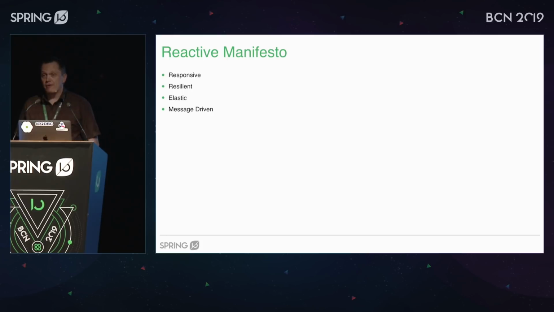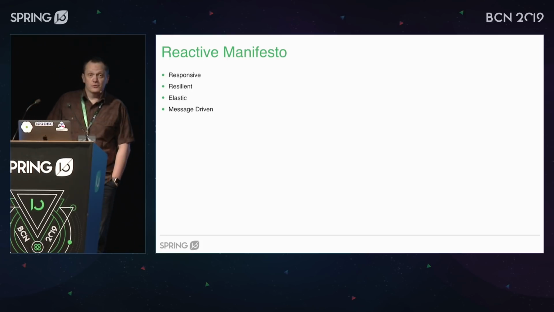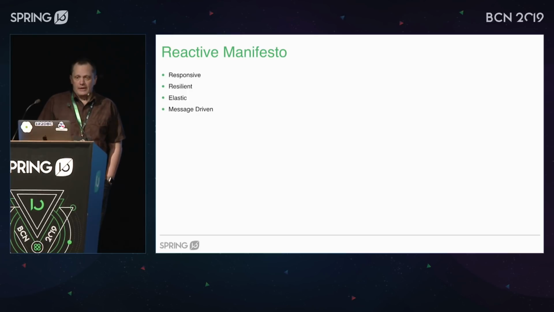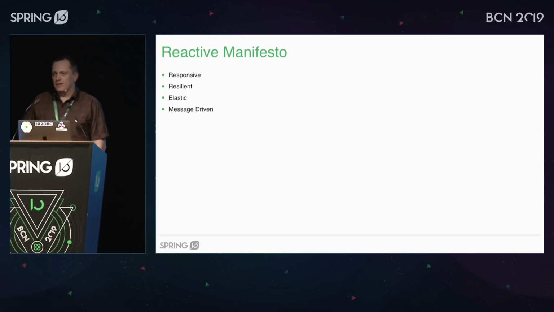They should be resilient. So if you have an error in a particular part of your application or an application within a larger system, that shouldn't take the whole thing down. You should be able to cope with that as best you can. It should be elastic, which I'd always thought of as being kind of scalability, really, but there's more to it than that. It's about making the best use of the resources you have available.